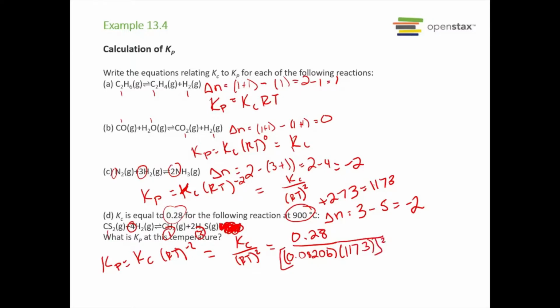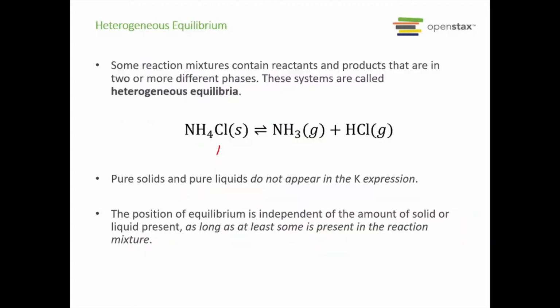Don't forget that. And you get 3.0 times 10 to the -5. And there you go. That's how we get that Kp from Kc. And of course, you could go the other way. Let's say you're given Kc and you need to find Kp. You can still do that. You just got to use your algebra.